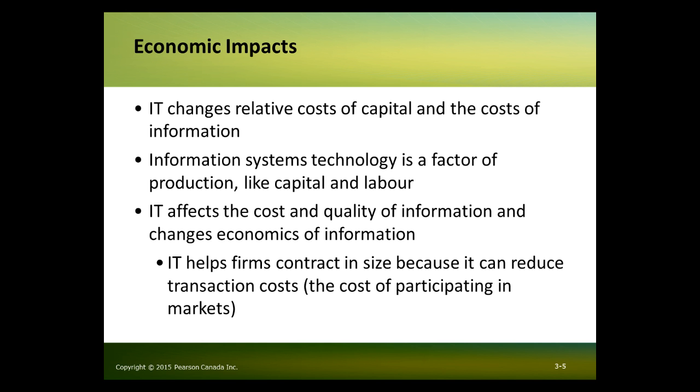So the economic impacts then. IT changes relative costs of capital and the costs of information. What used to cost, like industry statistics and economic reports and stock market information, people used to have to subscribe to and pay for. Now it's freely available.